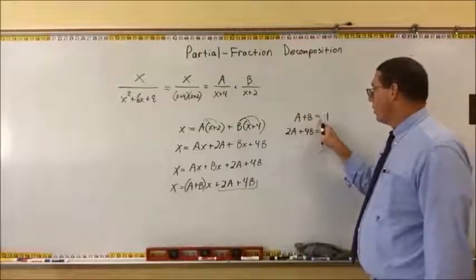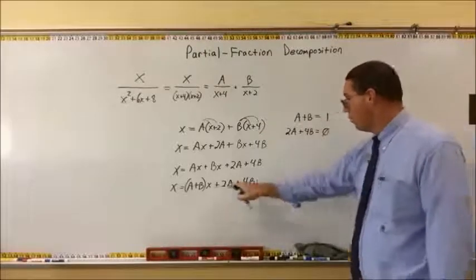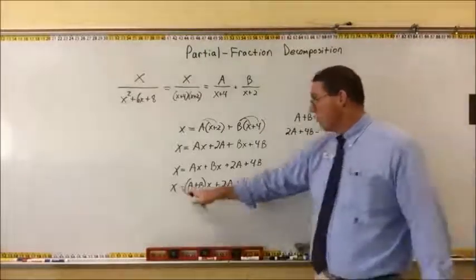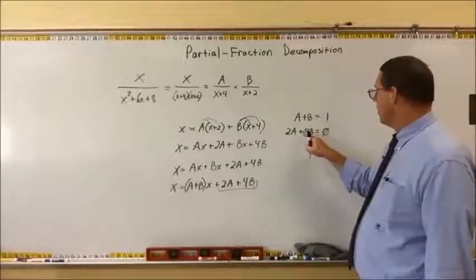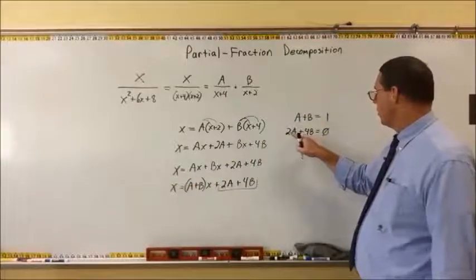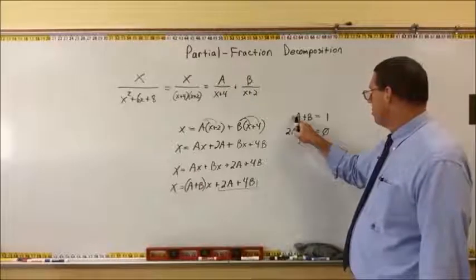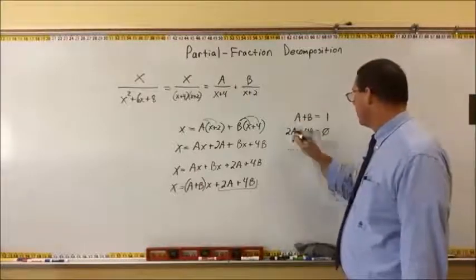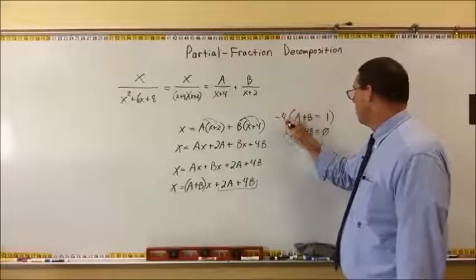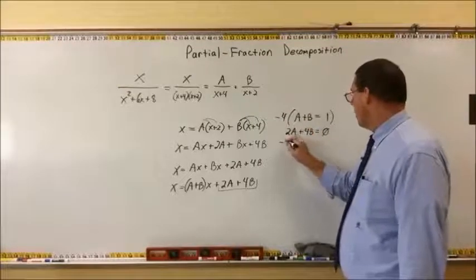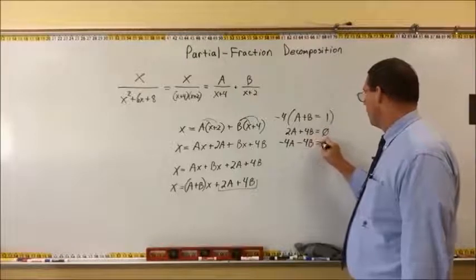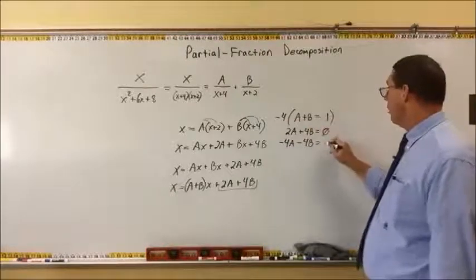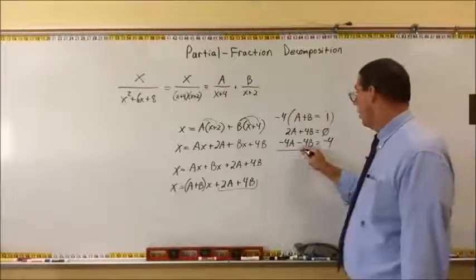So we know that A plus B is equal to 1. We know that 2A plus 4B is equal to 0 because there aren't any constants over here. So let's cancel the 4B. We'll multiply all this by negative 4. Negative 4A, negative 4 times B is negative 4B, equals negative 4 times 1 is negative 4.